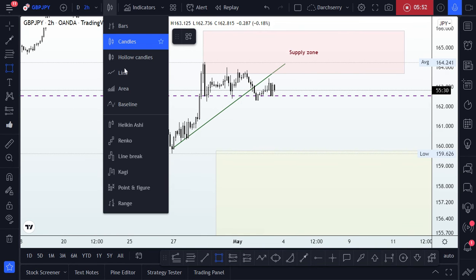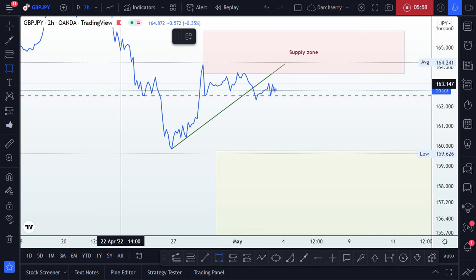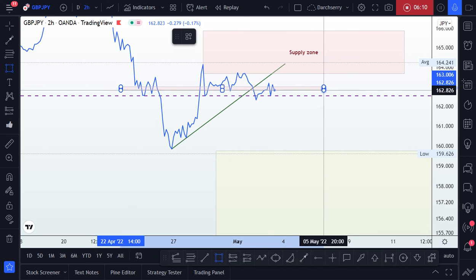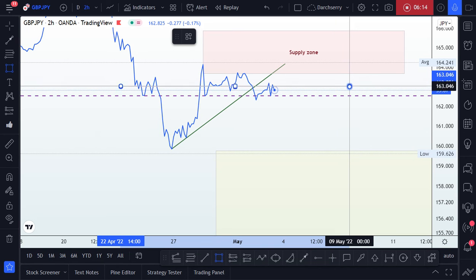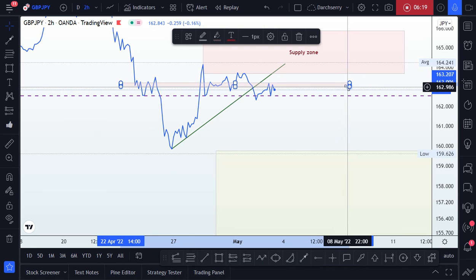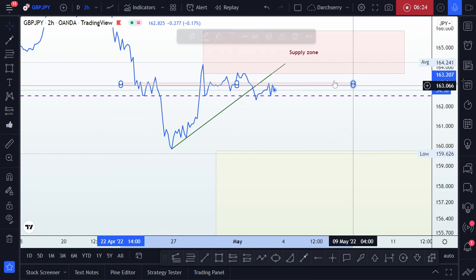So if I pull out my line chart at this point and then run this line around a level that shares a resistance and support at one point in time, then we can see that right on 163 level appears to be some level that we'll be looking out for. I think 163.2 we'll be looking out for as a very strong key level at this point.